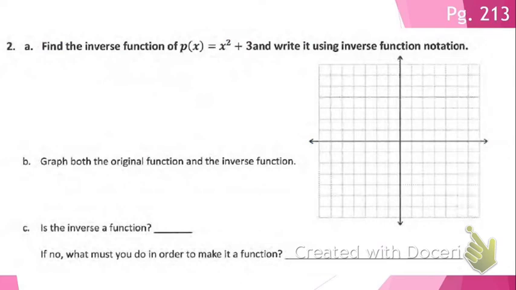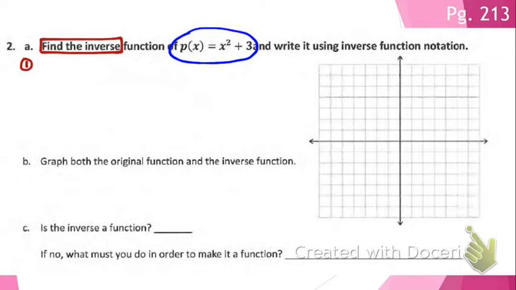Find the inverse function. Ooh, we got to remember how to find inverses algebraically. What's our first step when we go to find an inverse function when I have a rule? Don't you gotta switch it to y equals? Yes, we're going to replace our function notation with y.